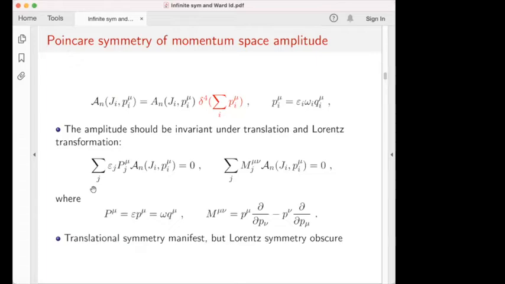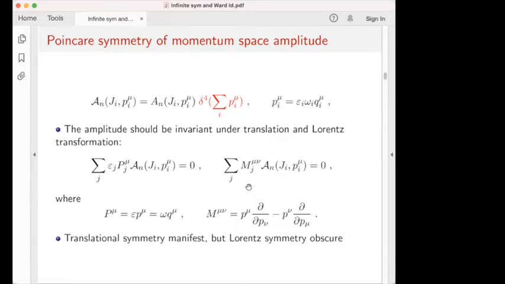So we need to consider the action on all the external legs, and this should be 0 if the amplitude is translationally invariant. In momentum space, the generator P is very simple. It's just the momentum p mu. If we insert this p mu here, then this scattering amplitude will trivially satisfy this equation because of this delta function.